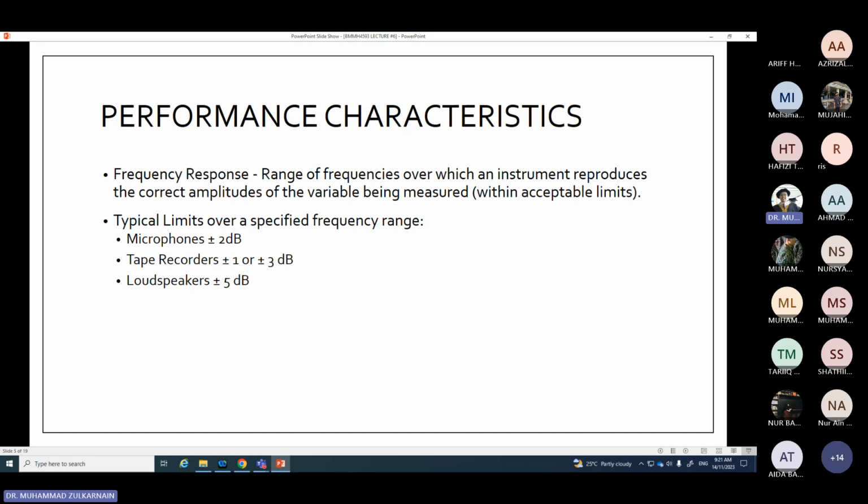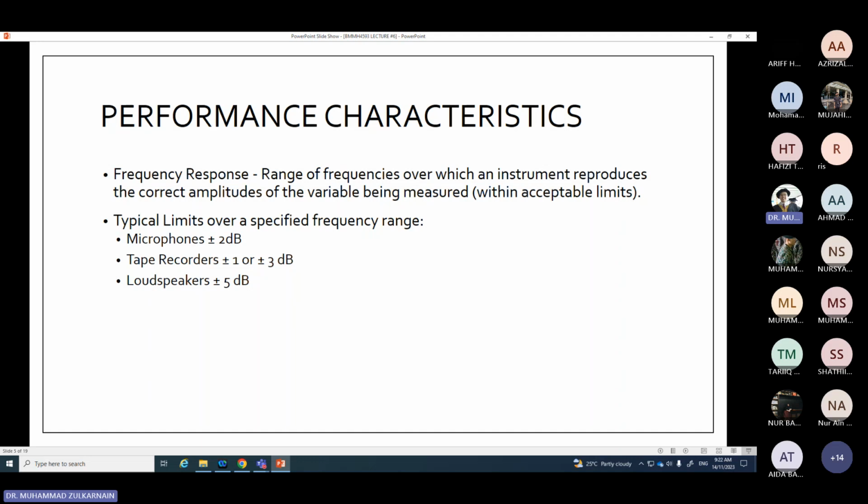So how many frequencies are created from the source, and then if we refer to the device, several devices can also record the level of the noise. So you can see the microphone can record or capture the source. If the noise from the source is around 2 decibel or lower, maybe the microphone cannot catch the source of the noise.